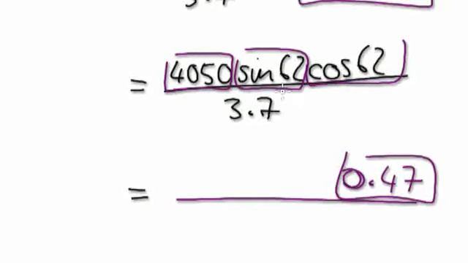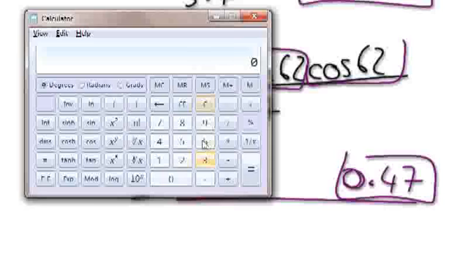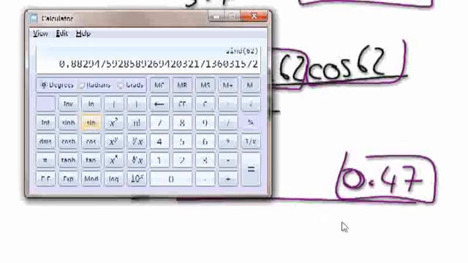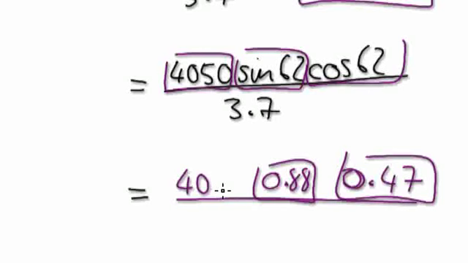And then this sine 62 here would be 0.88. Okay, and then you've got to times it by this, and then later divide by 3.7.